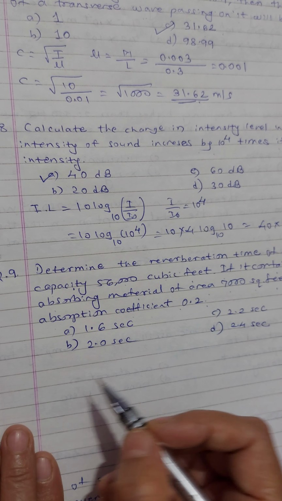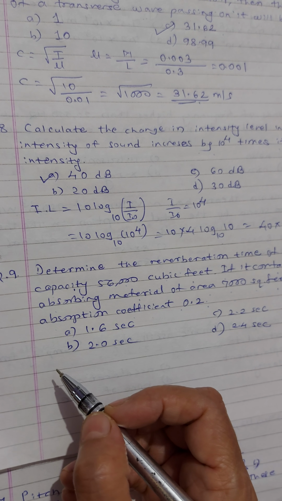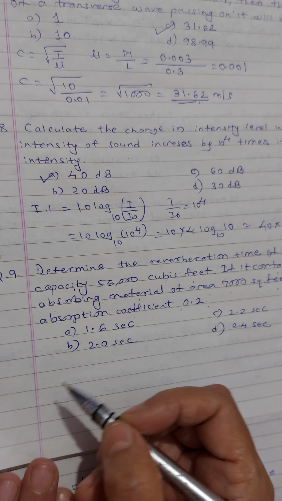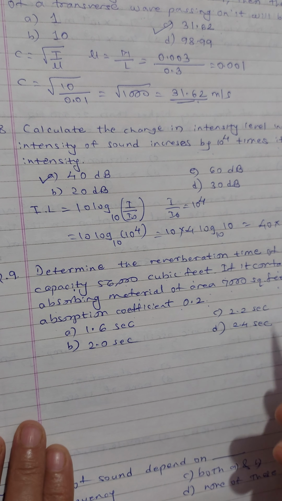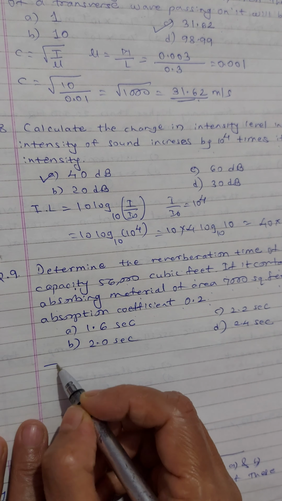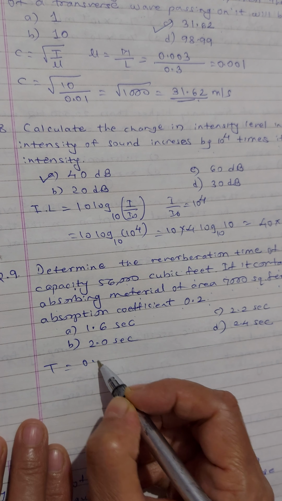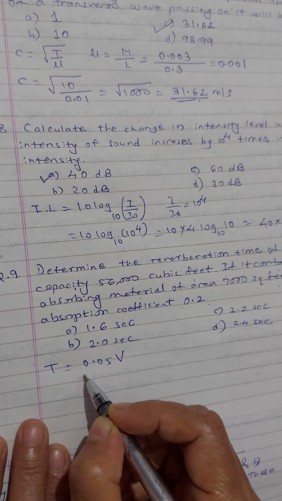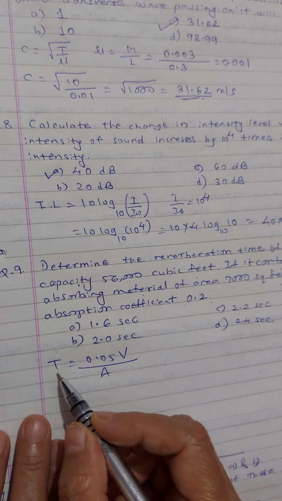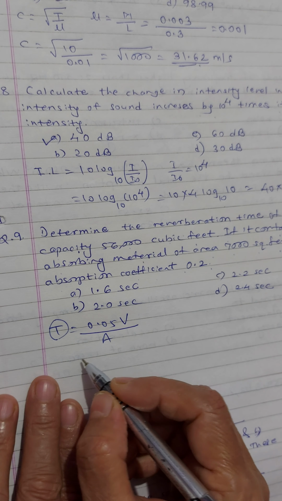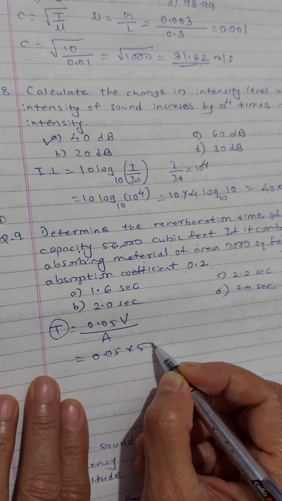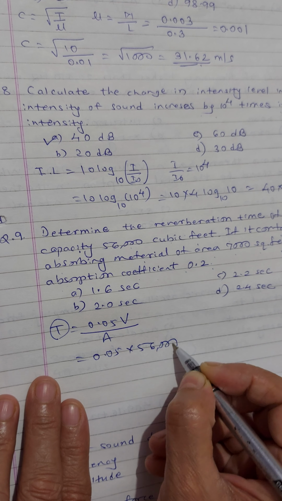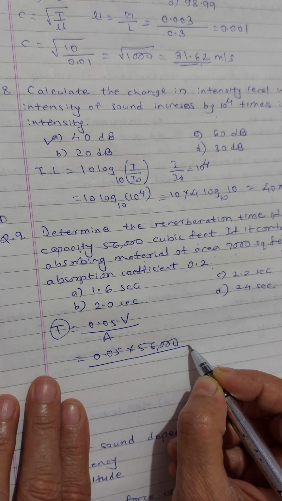I need to know reverberation time. So what is the formula for reverberation time? There are two formulas, one for the cubic feet and one for the meter cube. So therefore we'll write formula first, 0.05 V by A. I need to know T. So how much is V given to you? 0.05 into 56,000 divided by A. How much is A now?